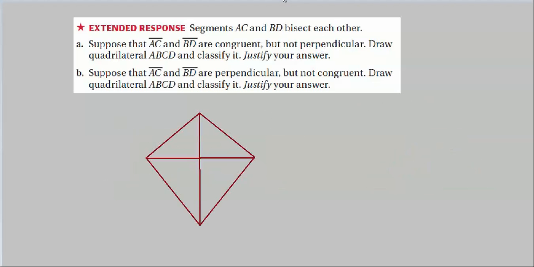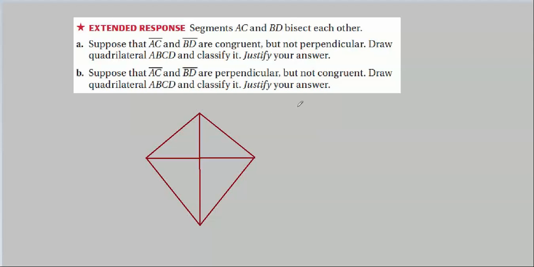Well, in the second case, they asked us to draw diagonals which are perpendicular but not congruent. The question is, what do we end up with? Well, what can it be? Diagonals are perpendicular.